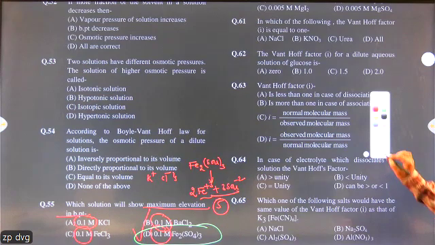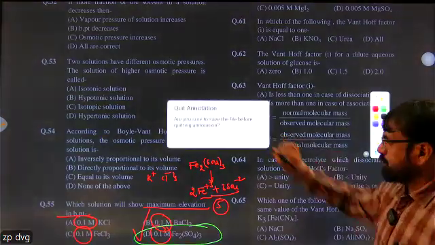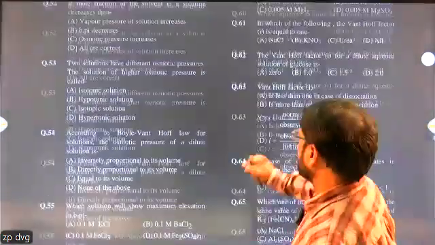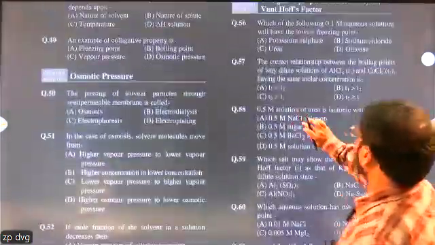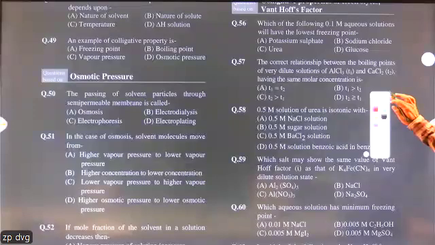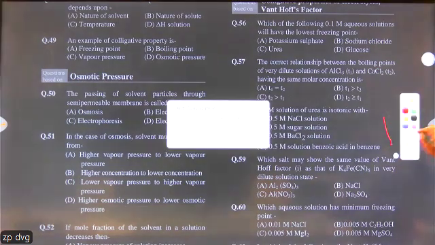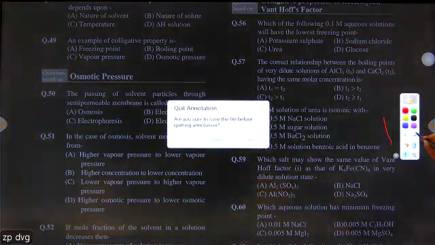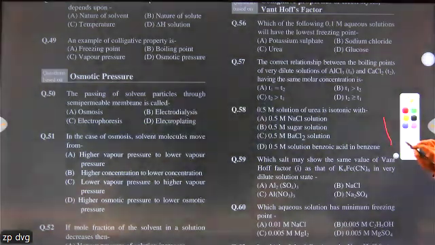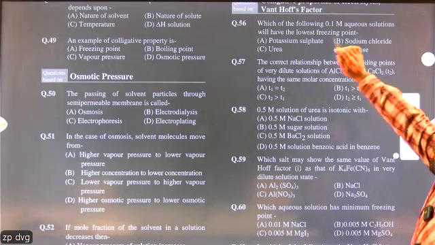Next, let us go for question number 56. The next two remaining questions are related to the Van't Hoff factor.